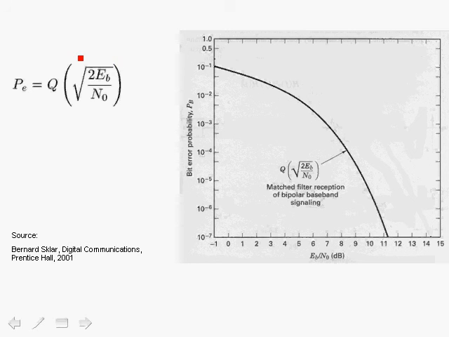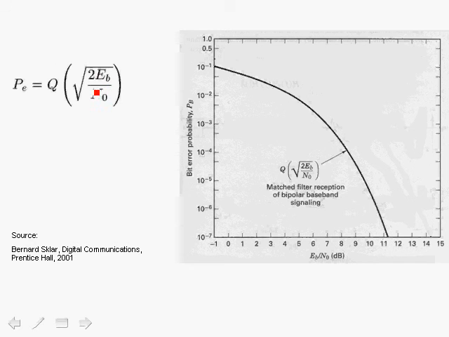But the final result is that the probability of error for a binary system in a digital communication link, in this case for a baseband binary digital communication link with additive white noise, is equal to the Q function with argument square root of 2Eb over N0.